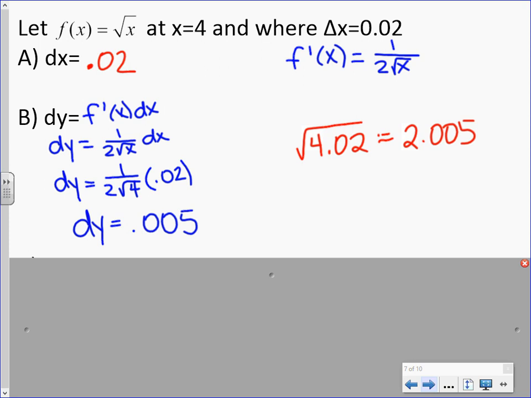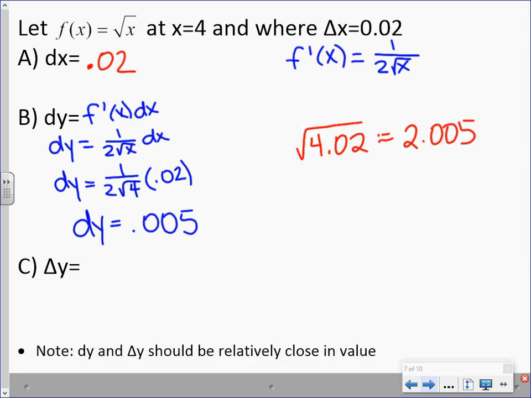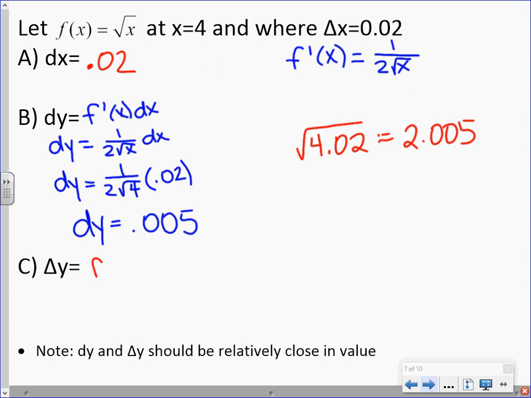Now, with a calculator, if we wanted to actually find delta y, delta y would just be the change in our function values. So in this case, what is the difference between the function value at 4.02 and the function value at 4? Well, the whole point of differentials is so we don't have to use our calculators.